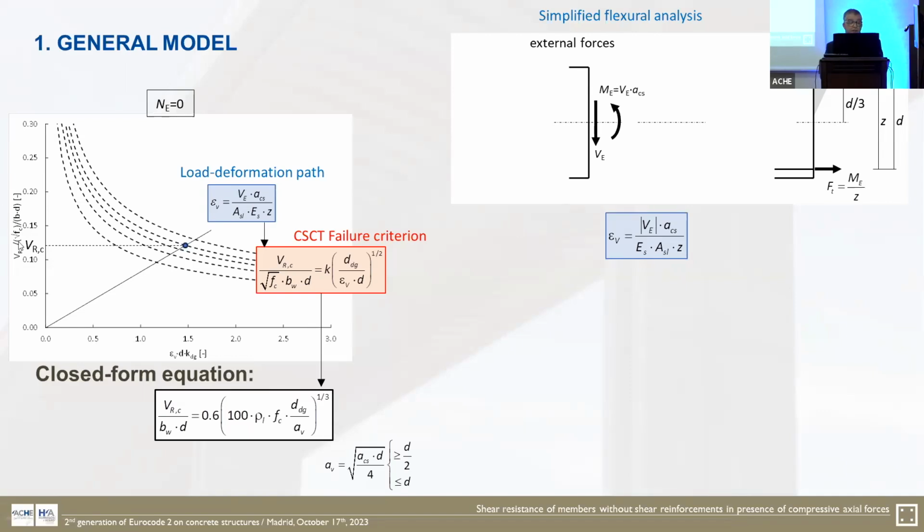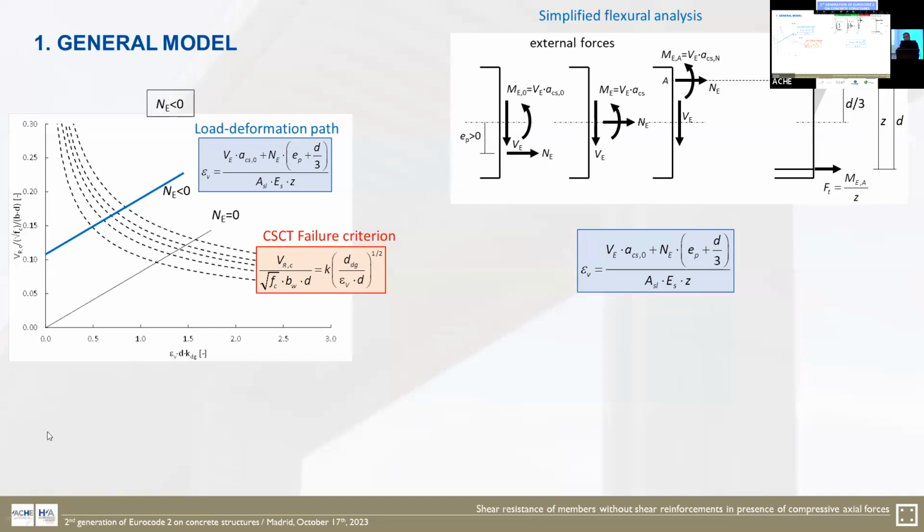And then the load deformation path is a straight line that passes through the origin. The intersection of this straight line with the shear failure criterion gives the shear resistance and can be formulated by a closed form equation whose format is like the current EC2 formulation.